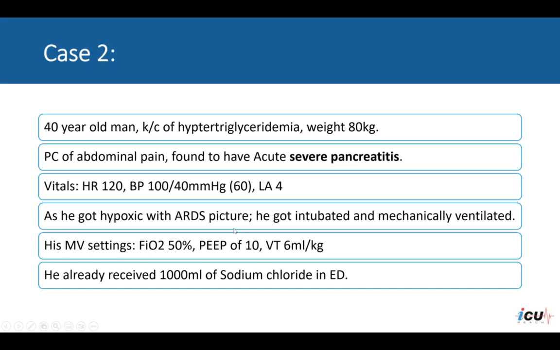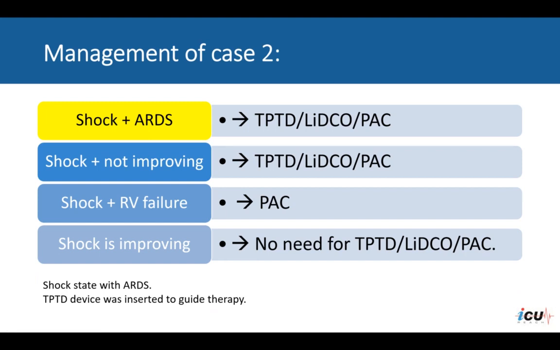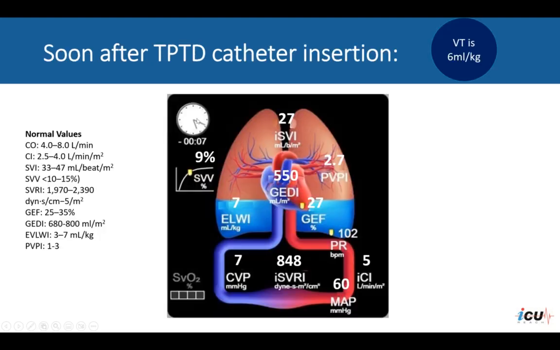He got intubated and mechanically ventilated. He's on 50% FiO2, PEEP of 10, tidal volume of 6 ml per kg. He already received 1 liter of sodium chloride, and clearly he's indicated for transpulmonary thermodilution monitoring because of his shock and ARDS. Those are his numbers.